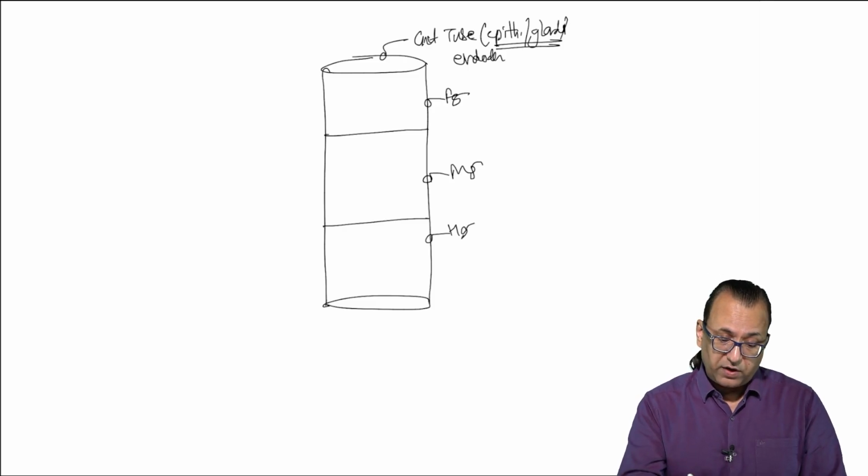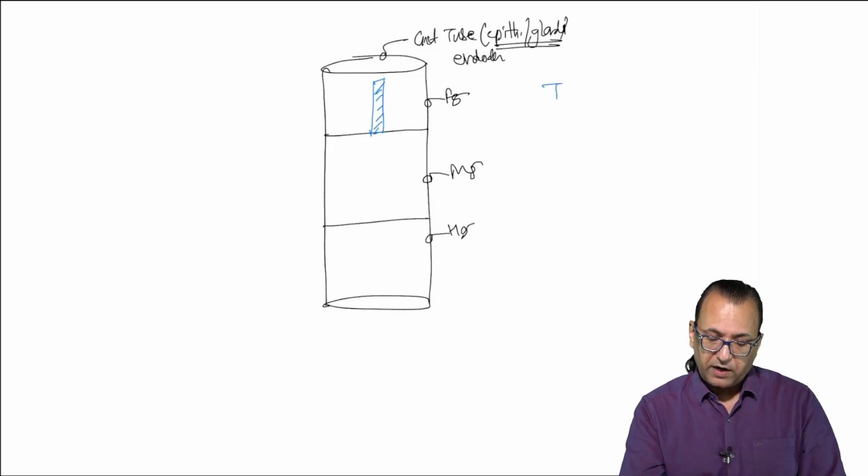Now in the foregut we'll find there is a septum which is called the tracheoesophageal septum. It is called tracheoesophageal septum because in front develops not only trachea but also the bronchus and the lungs.